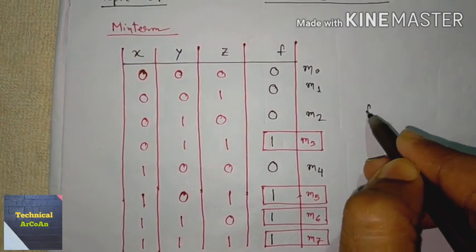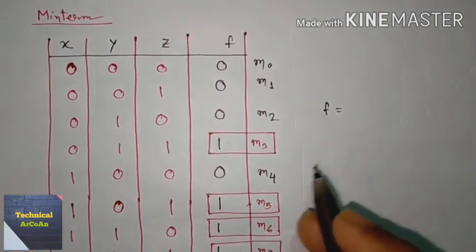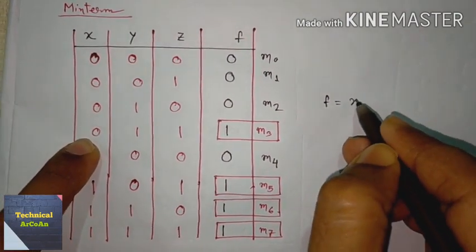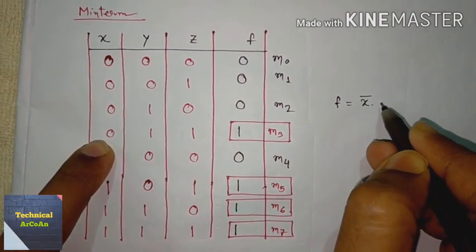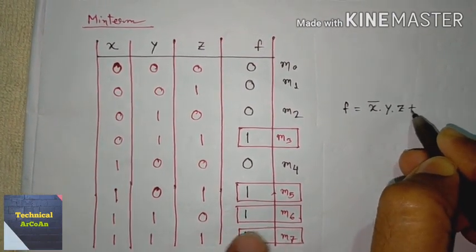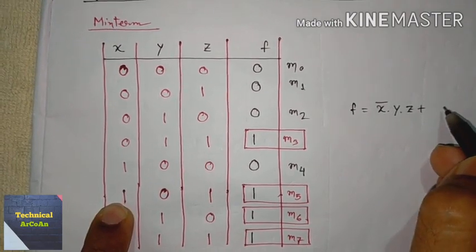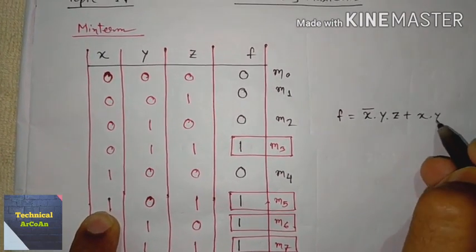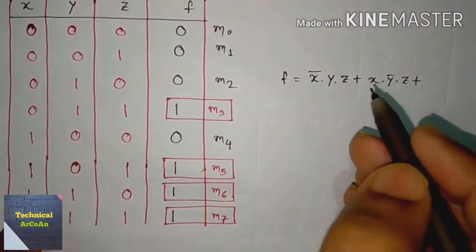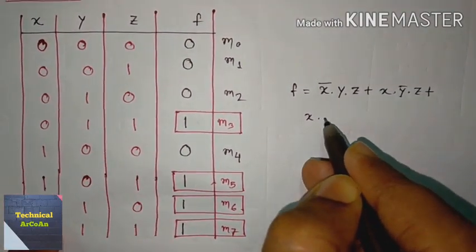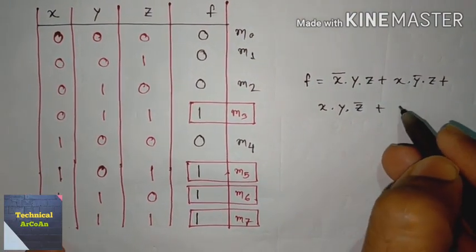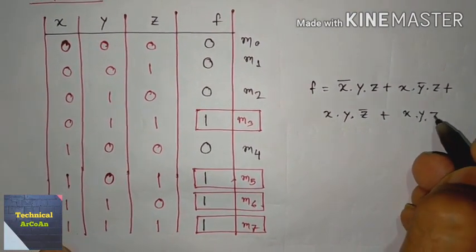So what will be the expression result? If we write f equal to, so m3, what will be the value? It should be x complement dot y dot z, plus x dot y complement dot z, plus x dot y dot z complement, and the last x dot y dot z.